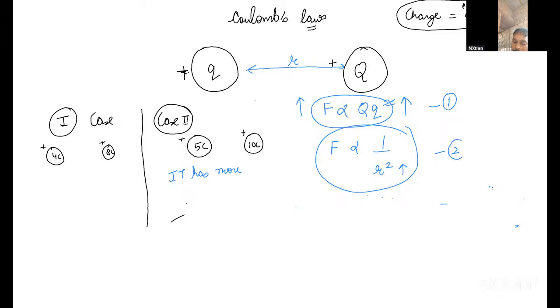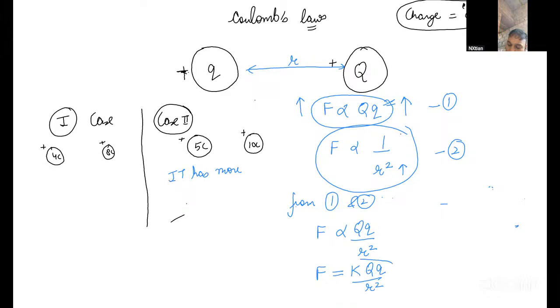So from first and second, force is directly proportional to the product of the charges, but inversely proportional to the square of the distance between them. If I remove this proportionality sign, one constant will come, which is K. F equals K Q1 Q2 by R square.